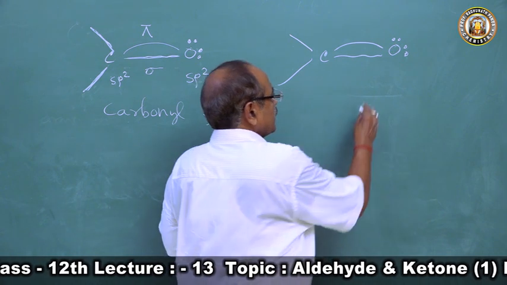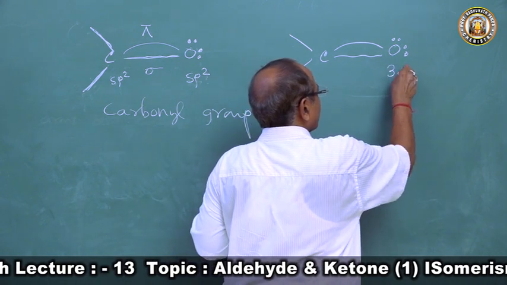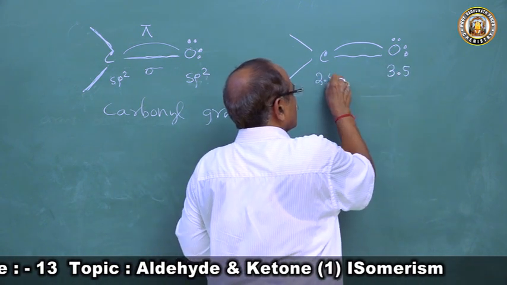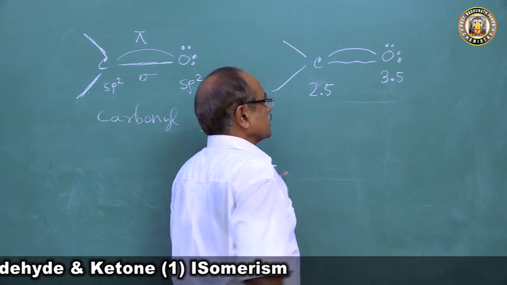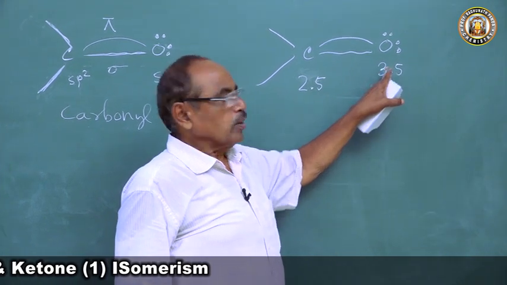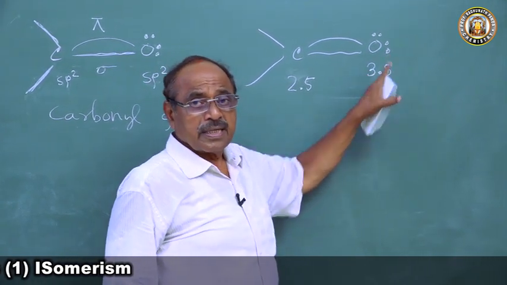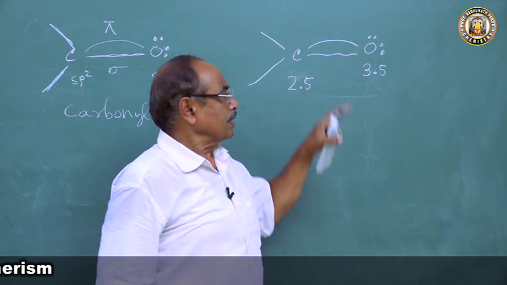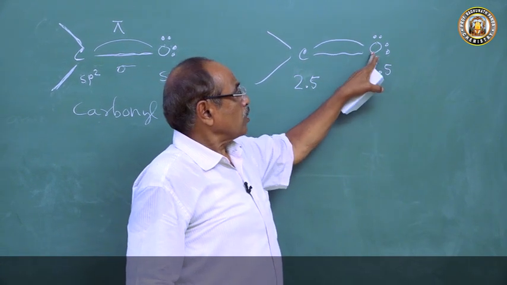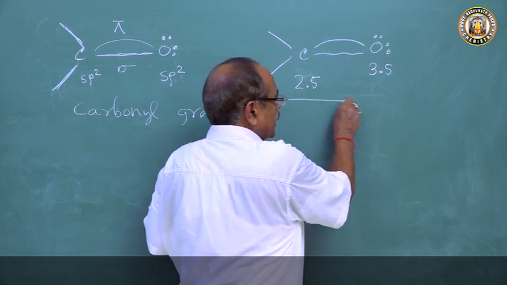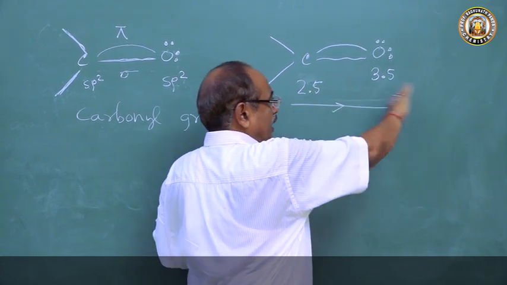The electronegativity of oxygen is 3.5 and carbon is 2.5, and the atomic size of oxygen is much smaller than that of carbon. Hence, the oxygen atom always has a tendency to attract the electron cloud.